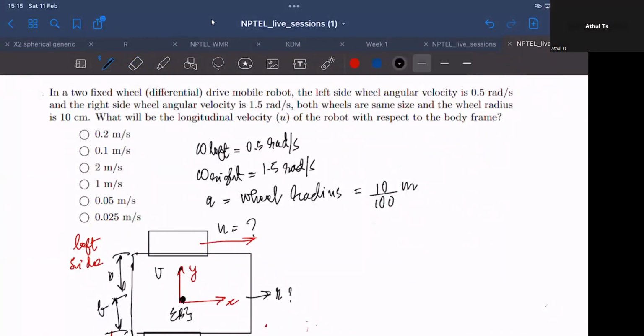So V left would be A times omega left, 10 by 100 times 0.5.